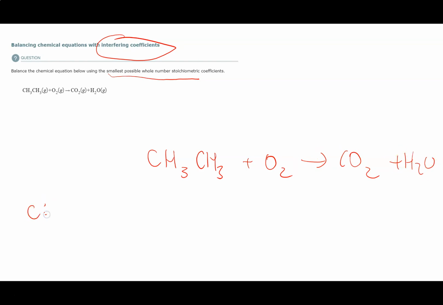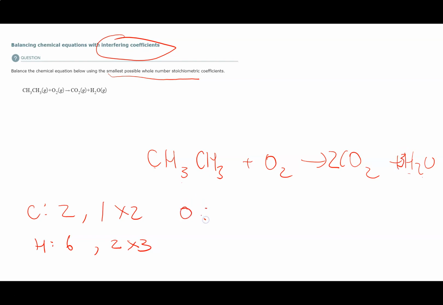So let's begin with balancing for carbon. 2 carbons on the left, 1 carbon on the right. So let's multiply that by 2. Okay, now we're going on to hydrogens. 3 plus 3, that gives me 6 on the left. And then I've only got 2 on the right, so let's multiply that by 3, and then that'll balance.